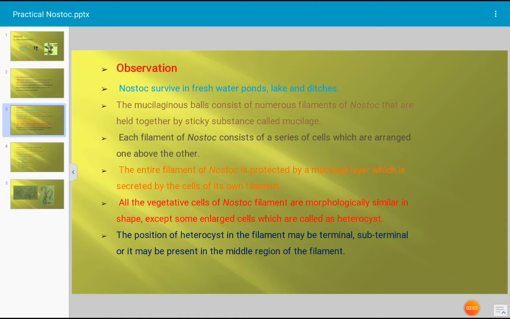That means in the filament of Nostoc there are two types of cells, vegetative cells and heterocysts. The heterocyst is a somewhat enlarged cell. Its position may be terminal, at the end of the filament, or subterminal, or it may be present at the middle region of the filament. We have to note the position of the heterocyst in the filament.